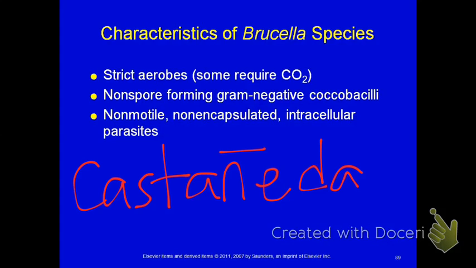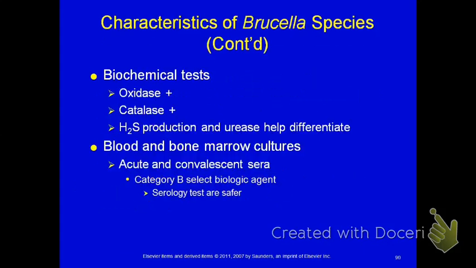Anyway, biochemical tests are positive for oxidase and catalase, and they have the ability to produce hydrogen sulfide and urease, which will help us differentiate it from other species. You can cultivate from blood and bone marrow culture, though they are intracellular parasites.